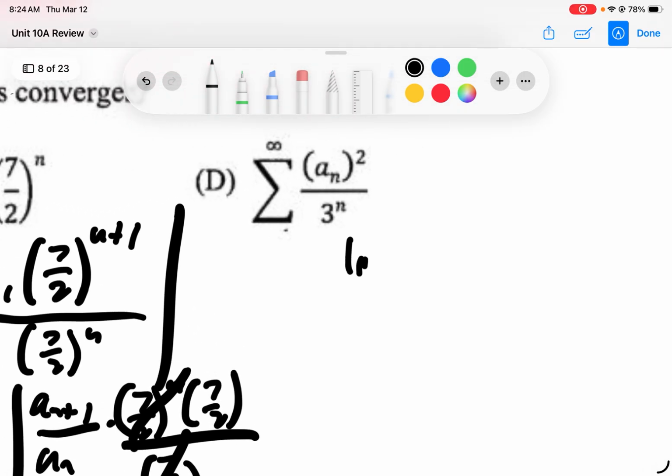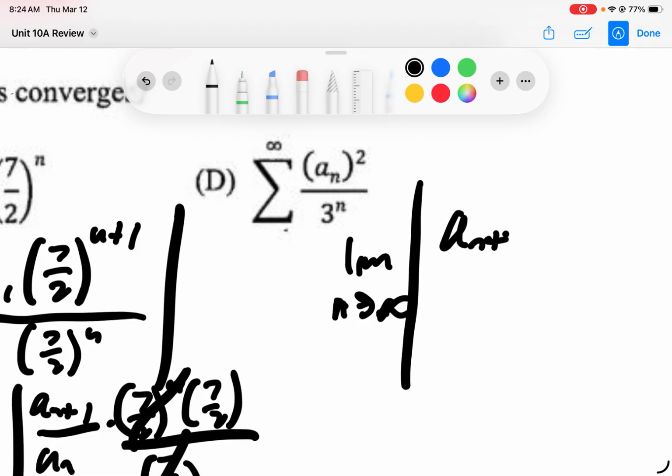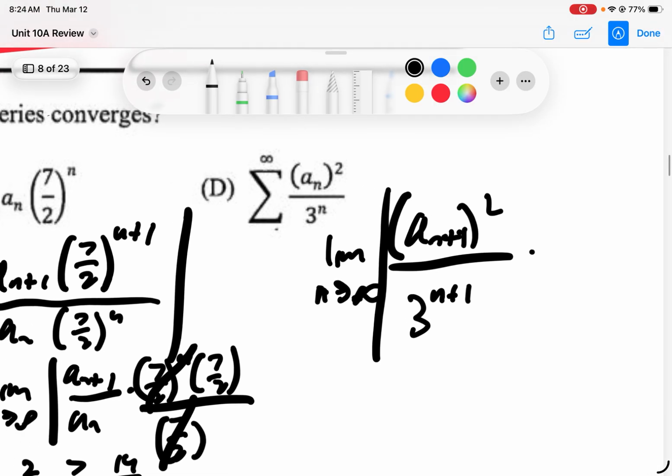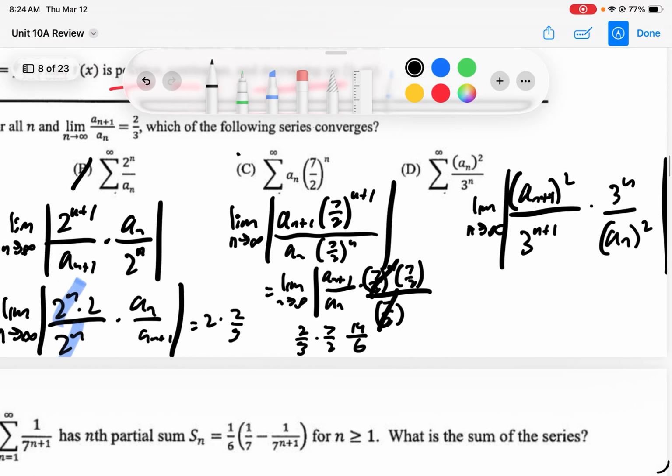Okay, last one, the limit as n approaches infinity of the n plus 1 term squared over the n plus 1, multiplied by the nth term reciprocal. Rewrite this.